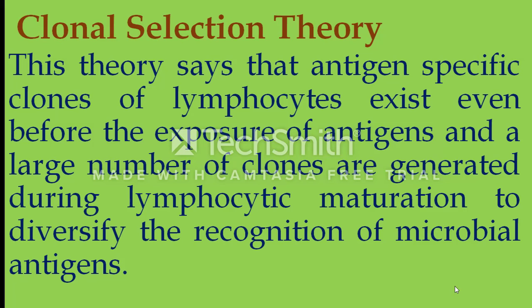According to this theory, the clone of lymphocyte with the specificity towards the antigen is already generated in the body, and later they will be selected and expanded for clearing the infection.